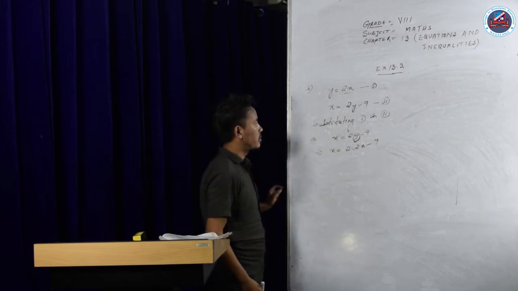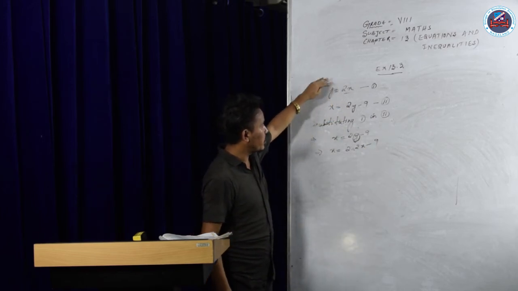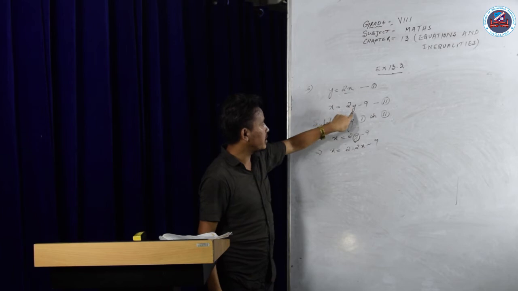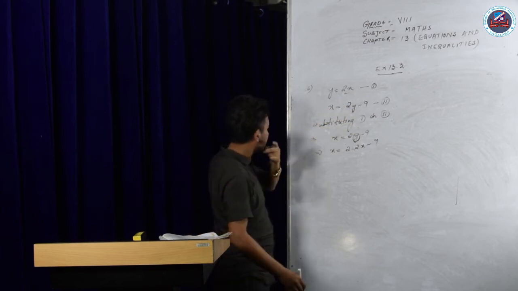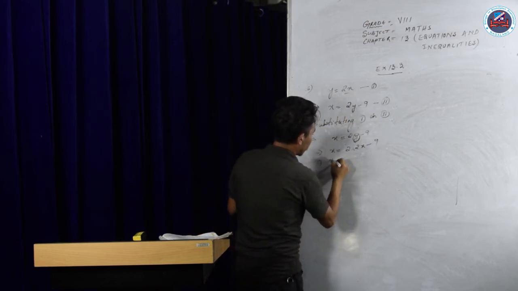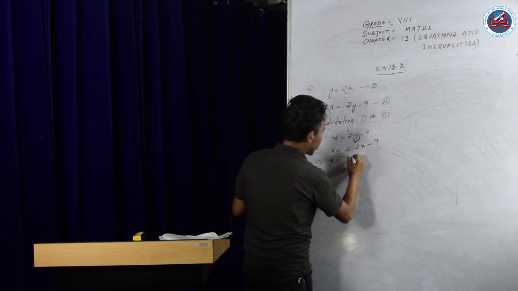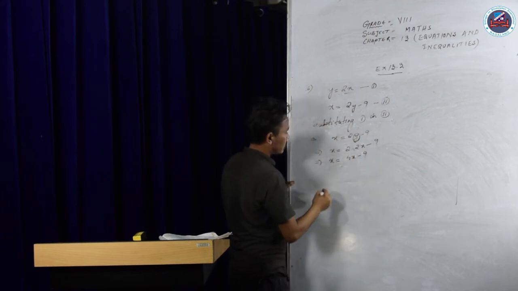We are substituting equation 1 in equation number 2. That means instead of y, I can put 2x. So it gives us x equals 2 into 2, 4x minus 9.